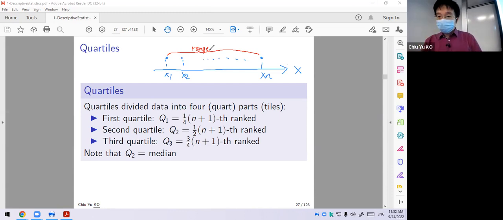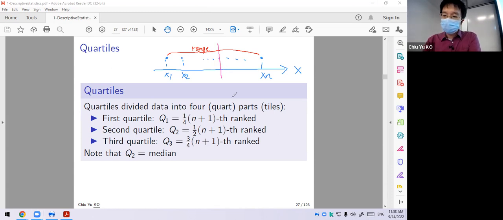So instead of looking at this, we will use the idea of the median.